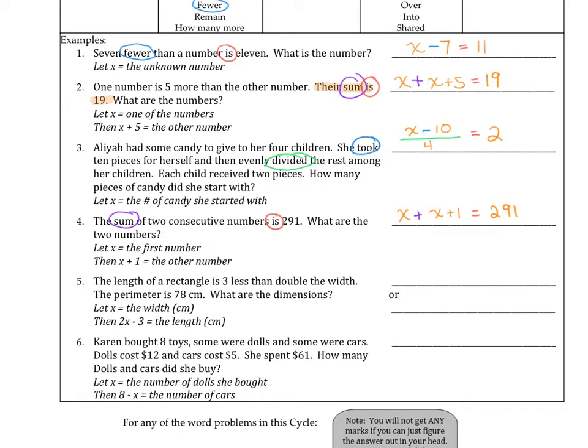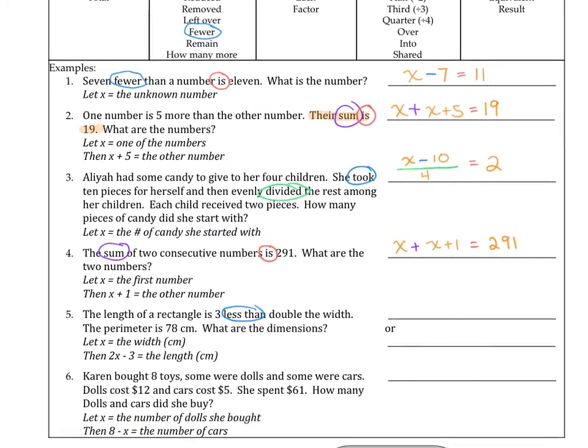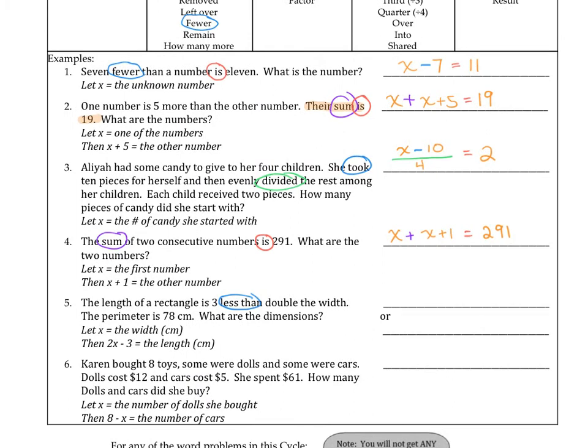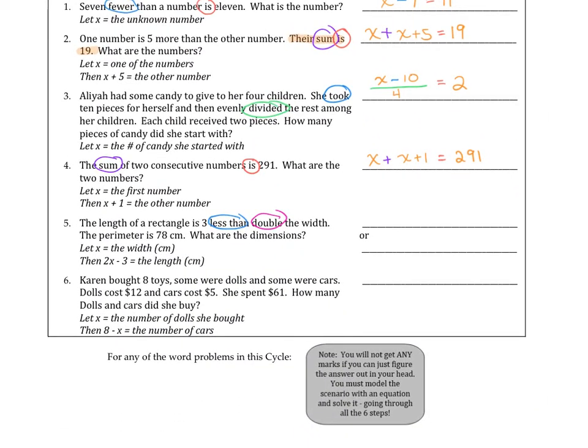And the length is 3 less than, and of course less than is subtract, and it's going to be 3 less than double the width. So double is multiplication, which means times 2.